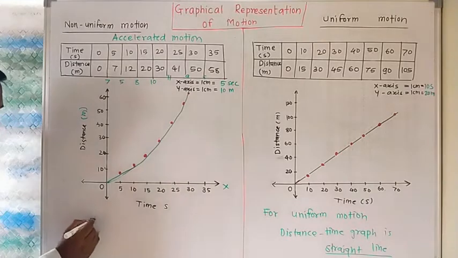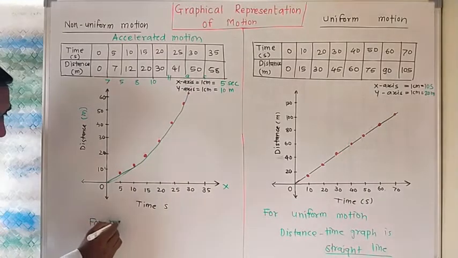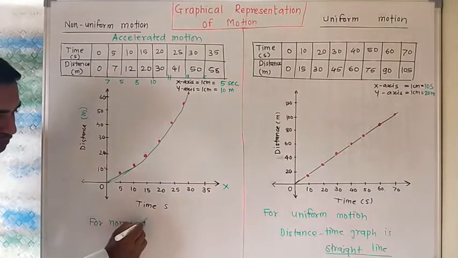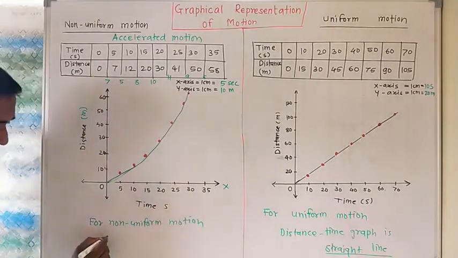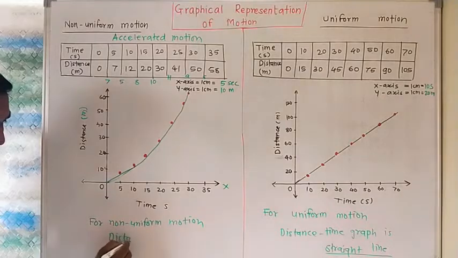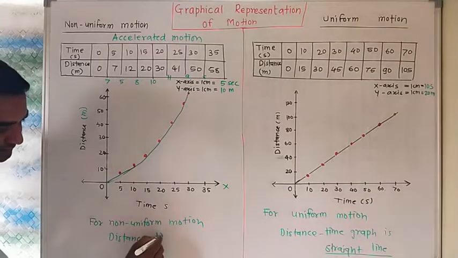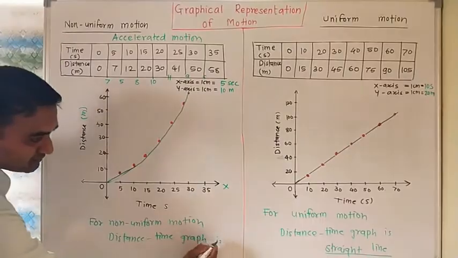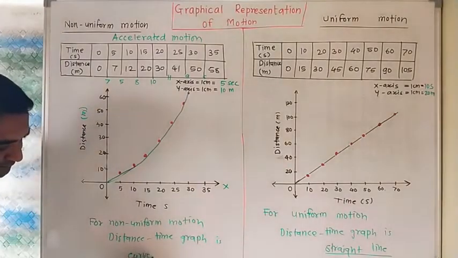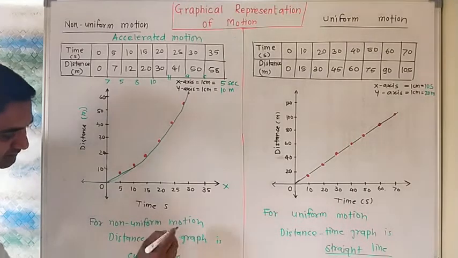So here shall we conclude, for non-uniform motion, the distance time graph is a curved line.